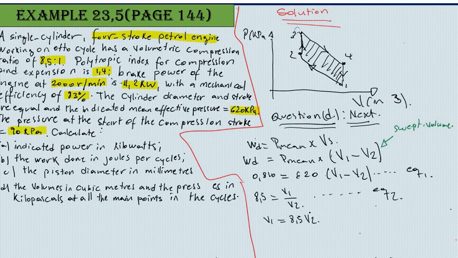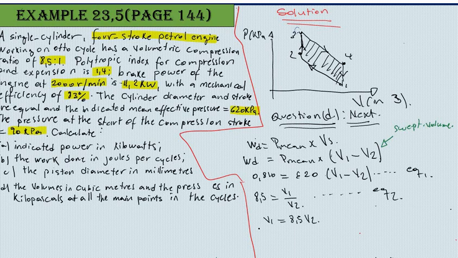So now I need to replace the expression of V1, which is 8.5 V2, into the first equation. So this is the first equation, so it means I need to replace this value by that one.